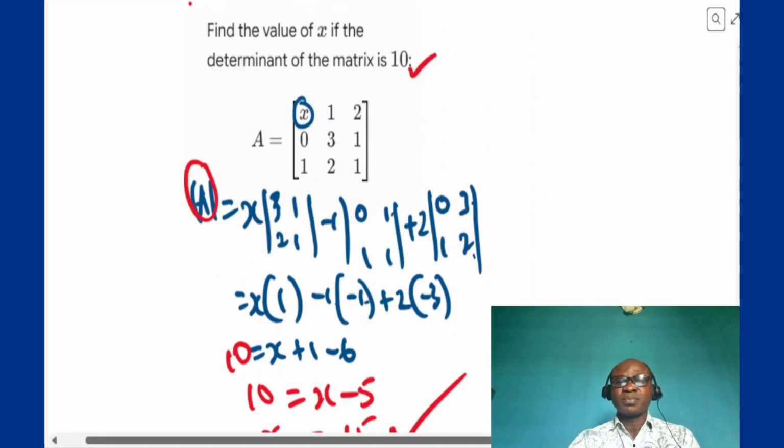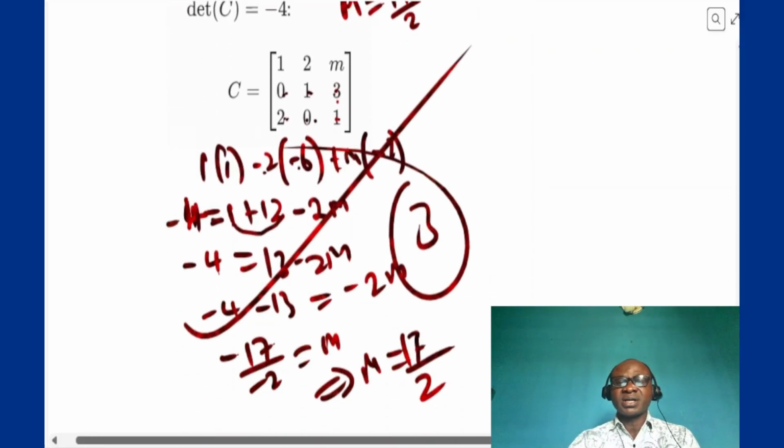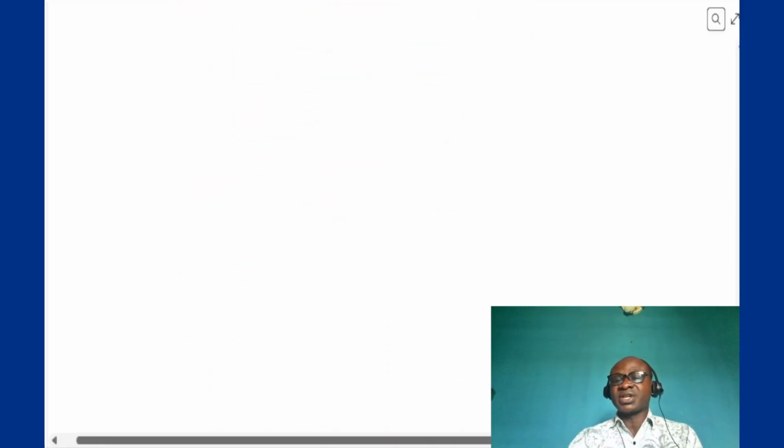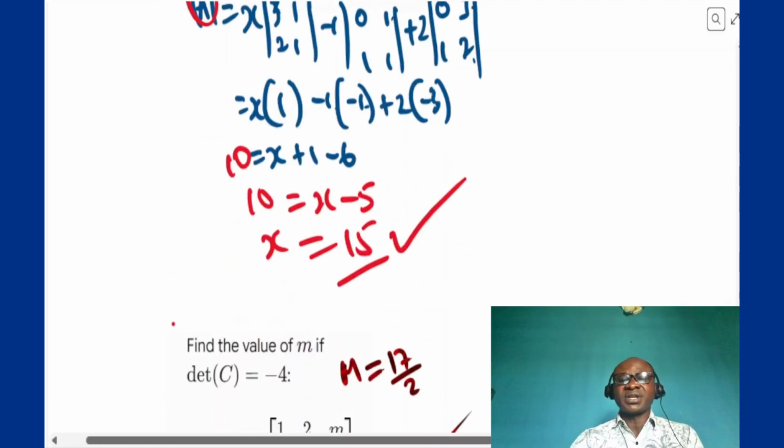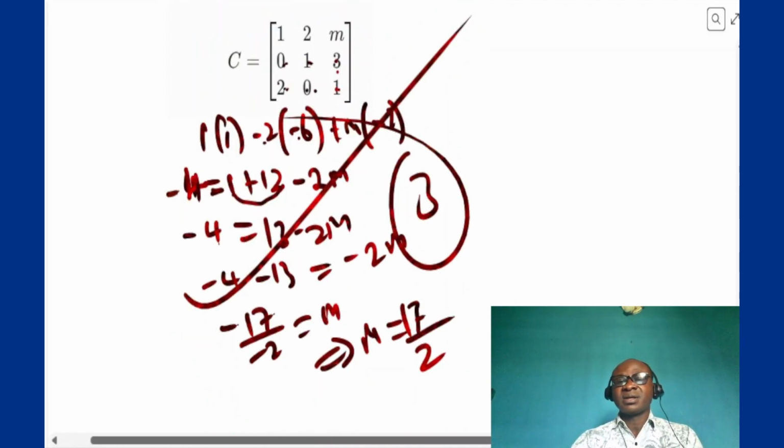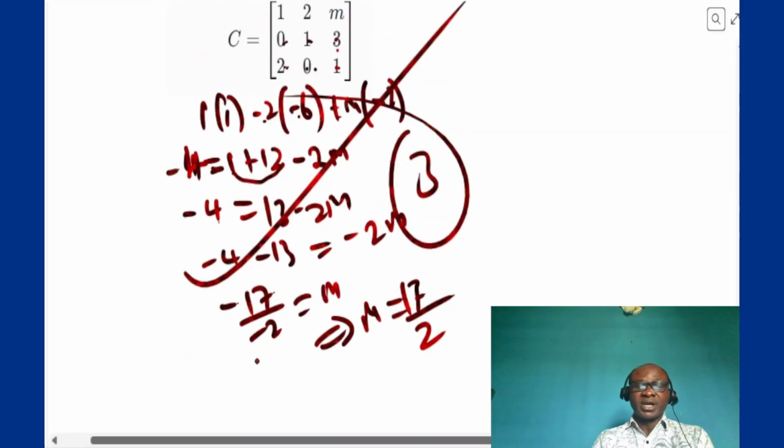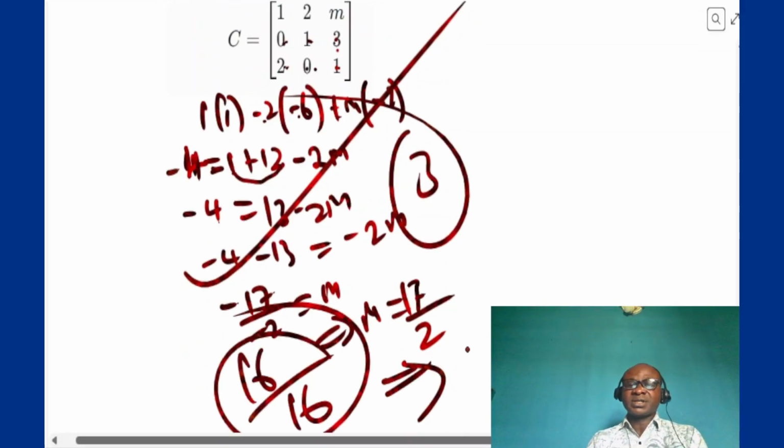Then plus these 3 marks, that is 16 out of 16. Okay? Yes, sir. You did very wonderful work today. 16 out of 16, making it 100%.